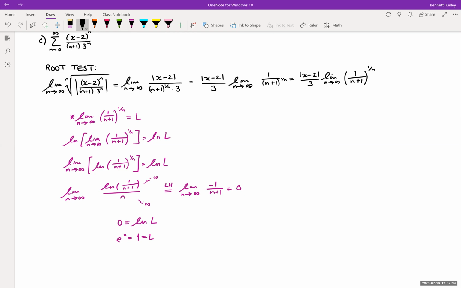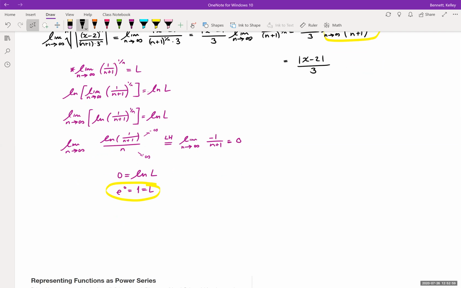So back to our original. I'll take this, and that is going to become our limit here. So this equals (x minus 2) over 3. And remember, this is rho, our limit.